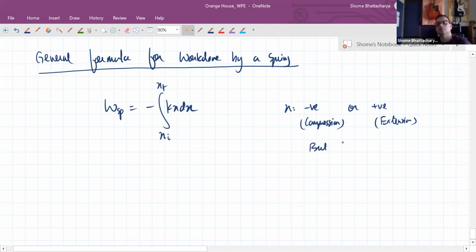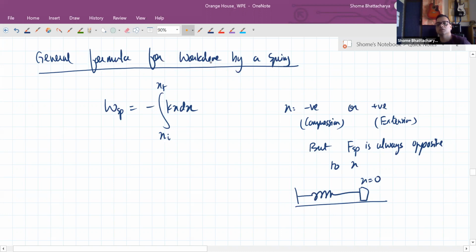But the spring force is always opposite to x. You can see that this is the natural length position. In the case of compression, here x is negative. So spring force is in which direction? Positive direction.